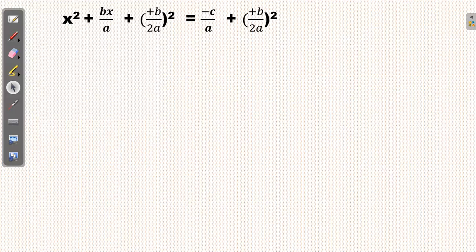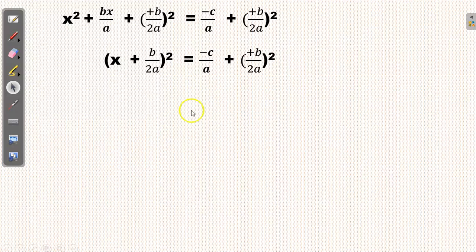And the left hand side factorizes to give x plus b over 2a all squared, which is equal to minus c over a plus b over 2a all squared.